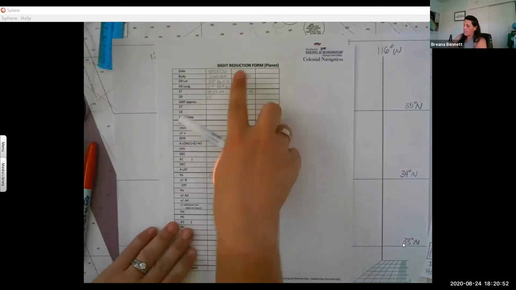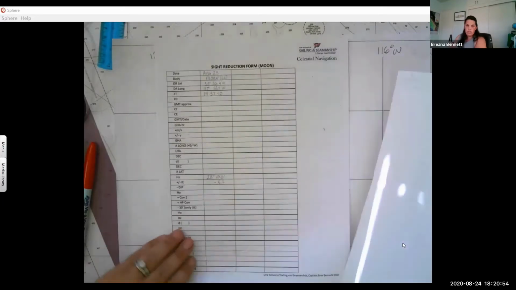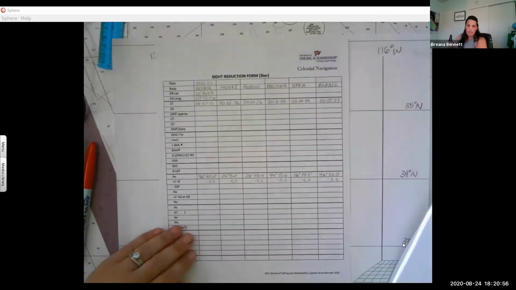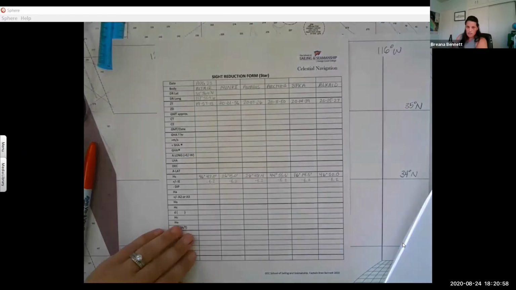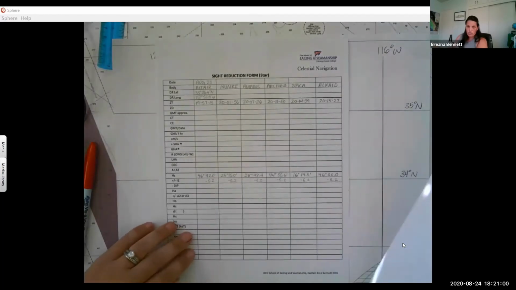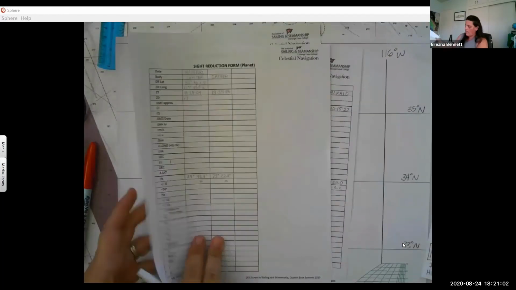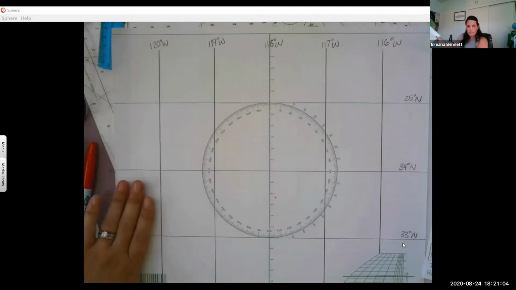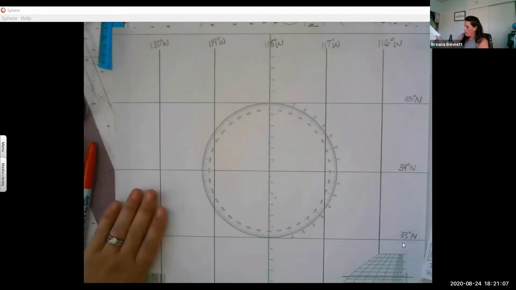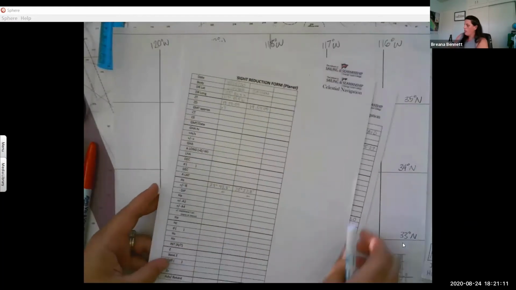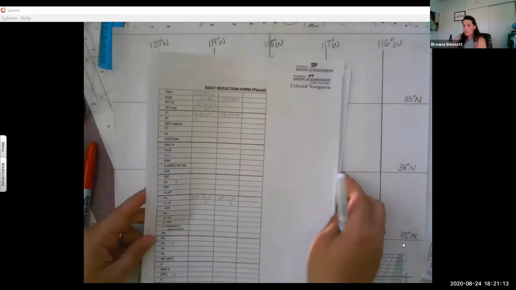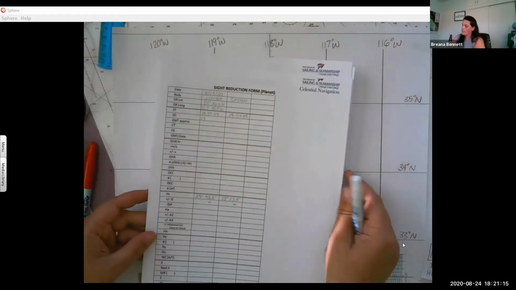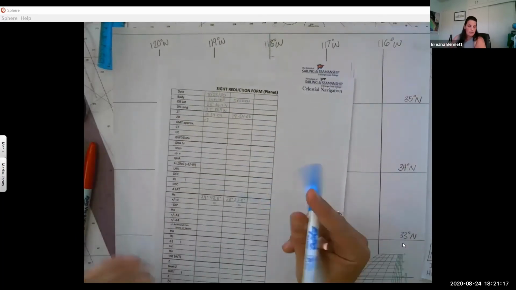I did it for the planets, for the moon, and then for the stars. So we are going to reduce it, and then I have a blank universal plotting sheet.